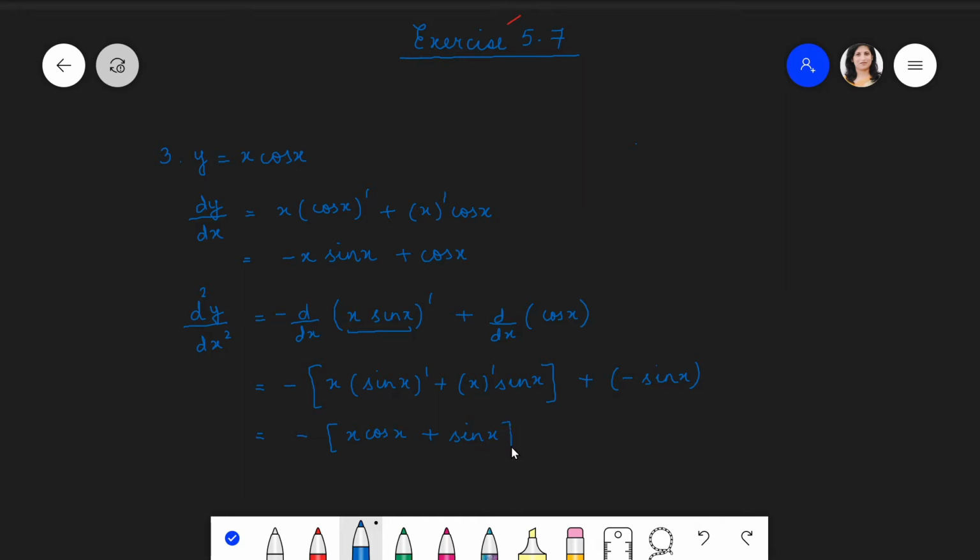So the second term is sin x and the next term is minus sin x. Opening the brackets and taking finally minus sign common, we get minus x cos x plus 2 sin x. So this is how the second order derivative has been obtained.